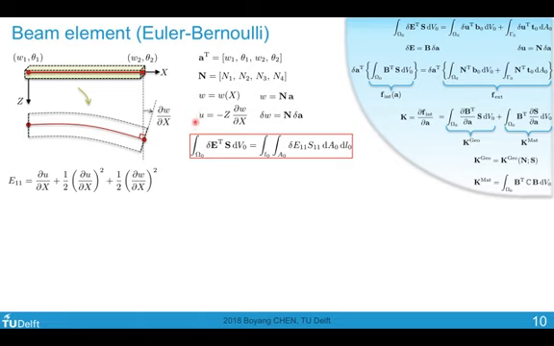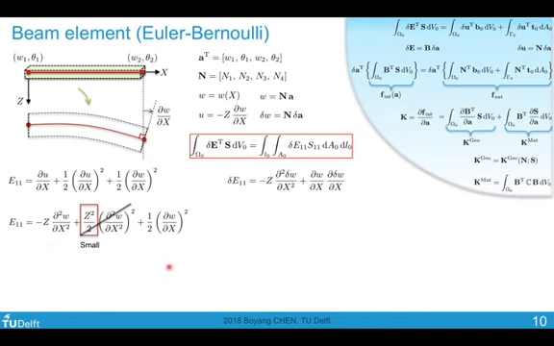Now, because of this expression, I can plug in, and I replace the U with this expression, and I obtain this expression of E11 in terms of W only. Now, this term is very small because the Euler-Bernoulli beam theory applies to slender beams, so we can neglect it. So we are left only with these 2 terms.